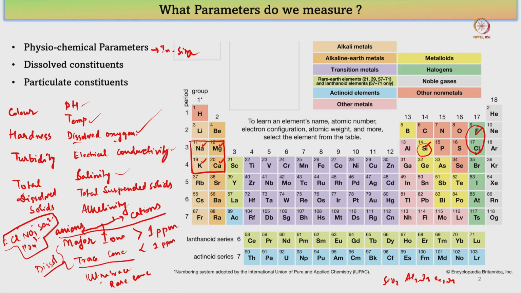Okay. So, these concentrations will be very low. It can sometimes be from a few ppb to ppt, that is parts per billion to parts per trillion. So, you are moving from parts per million to parts per billion and parts per trillion level.